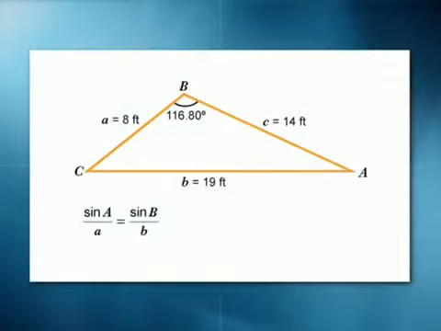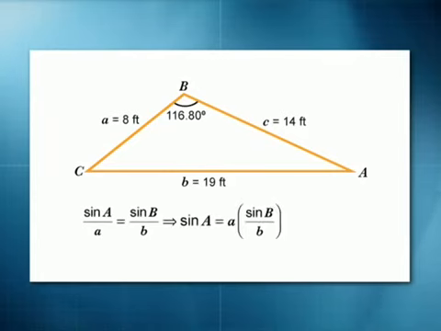And why don't we do the law of sines? Just because I think it's a little bit simpler. So now, we know what angle B is, let's find angle A. So sine A over A equals sine B over B. Remember, that's the law of sines from the previous lecture. That means that sine A equals A times sine B divided by B. Plug in the numbers, 8 times sine of 116.80 degrees divided by 19.